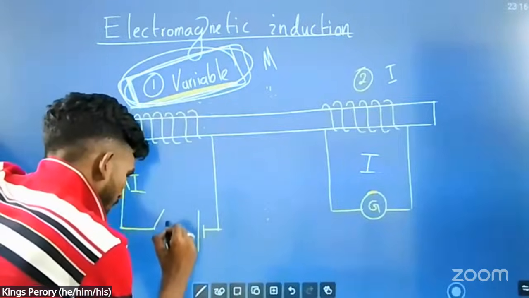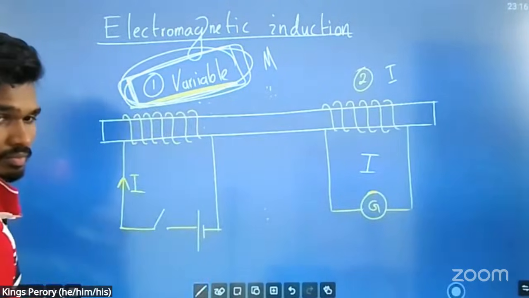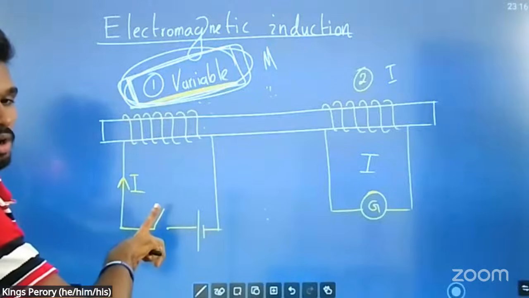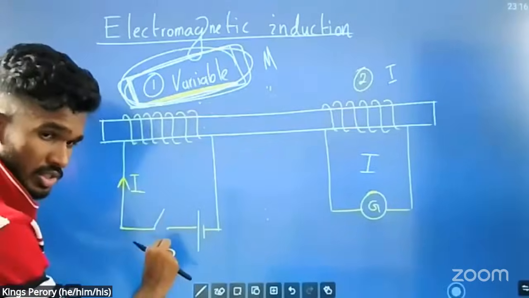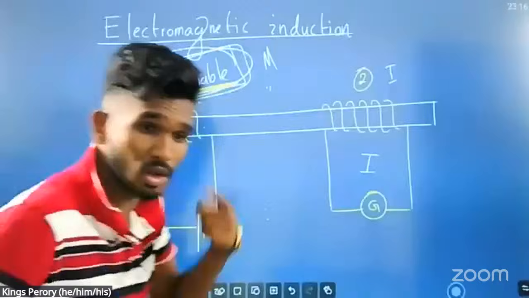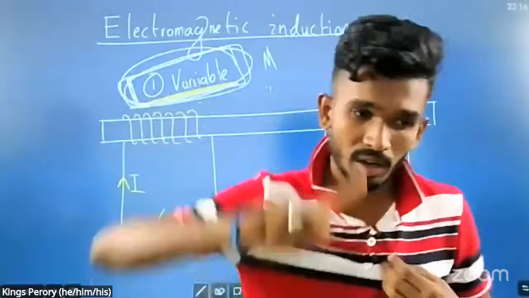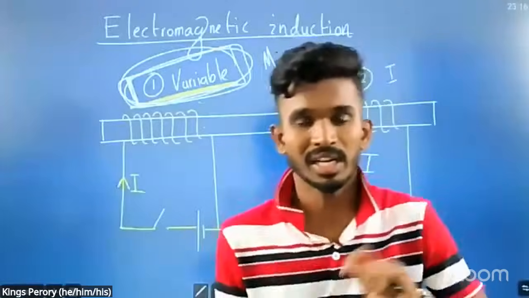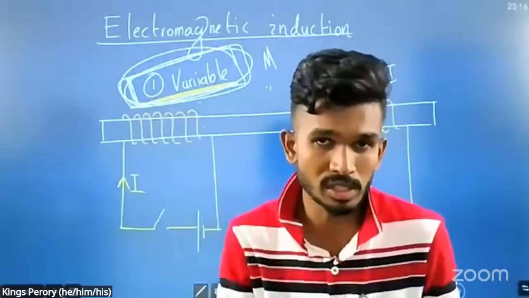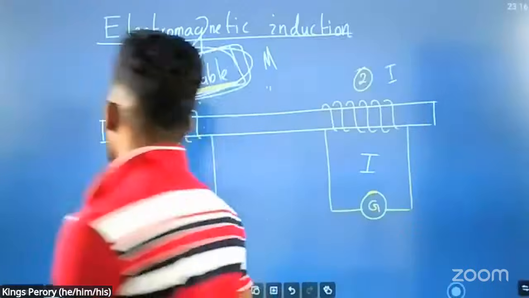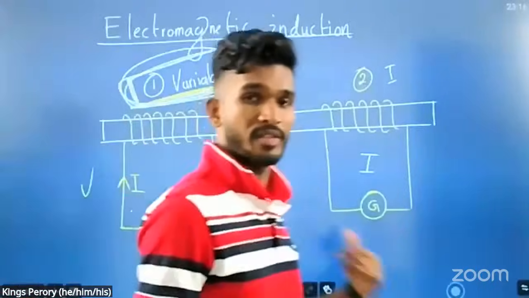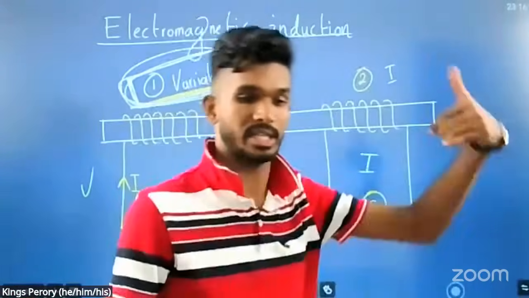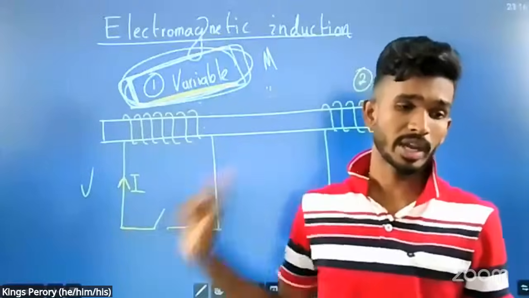You connect a switch. I switch it on, switch it off, switch it on, switch it off. When I switch on and switch off continuously, multiple times, it creates a variable current. So if I create a variable current, will there be a current produced here? Yes. So using a switch, you can achieve the same thing.